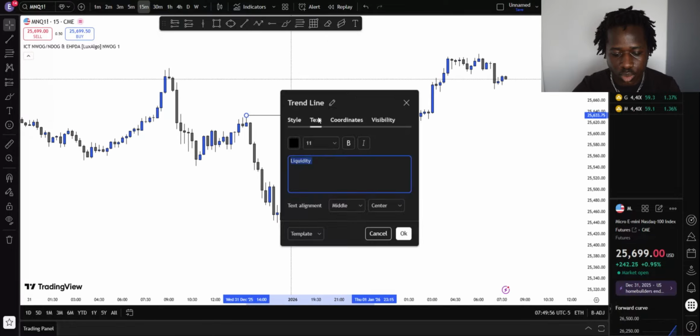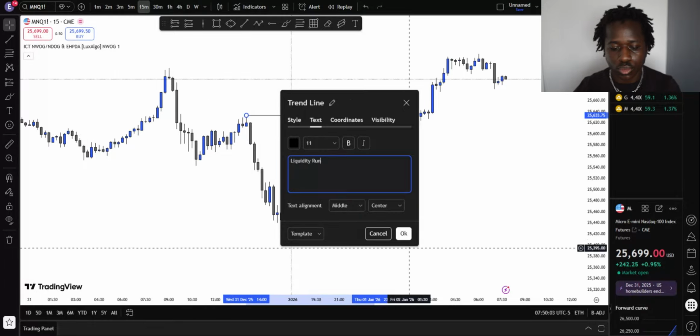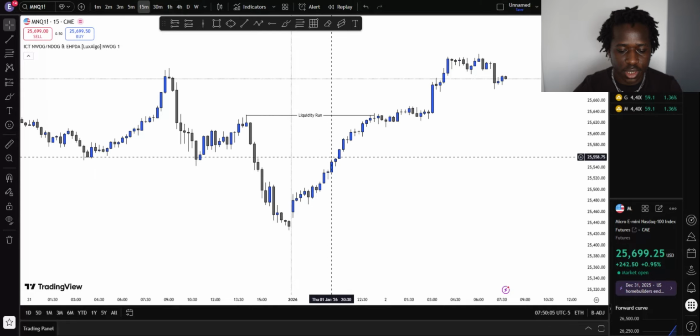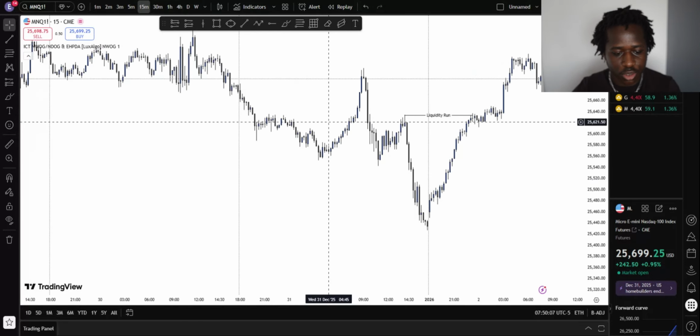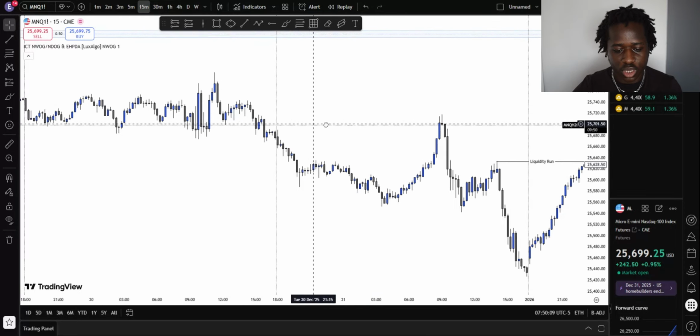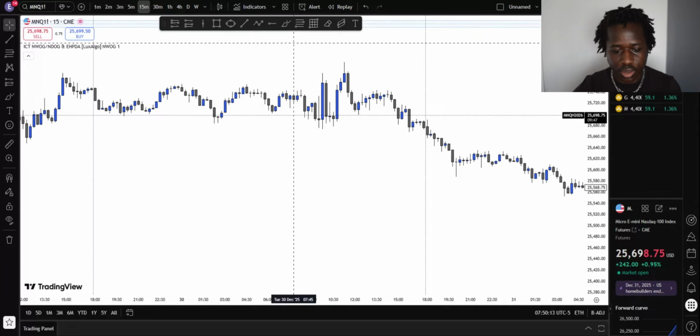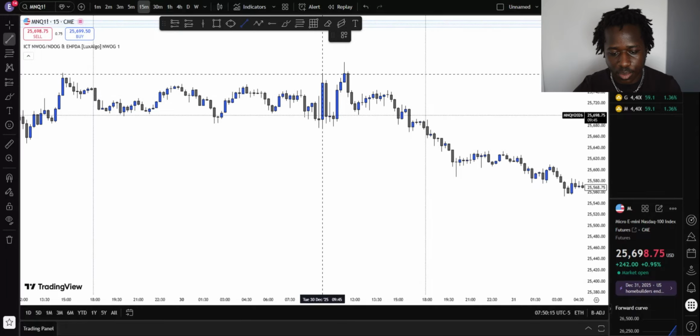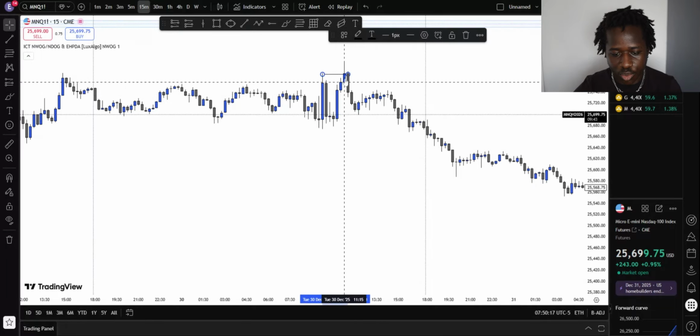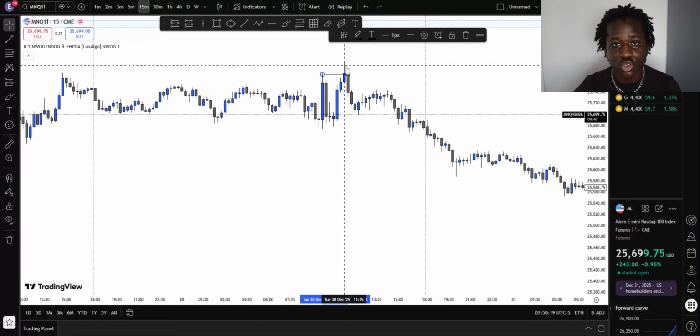Let me write that down so you don't forget. Okay. Yeah, this is what you call a liquidity run. Let's look for more liquidity sweeps. Okay, this is another one. This is a liquidity sweep where this is a high, price sweeps this high, it moves into this high, sweeps this high, it doesn't create an imbalance.